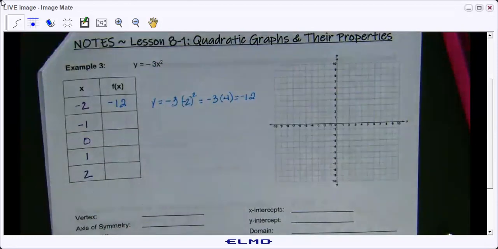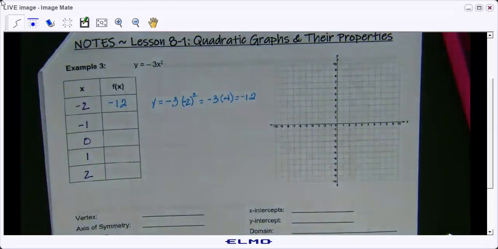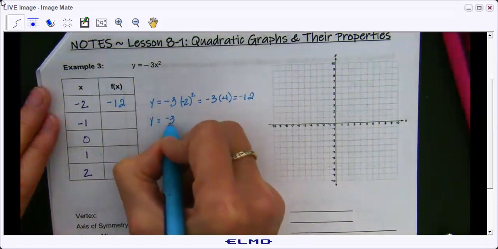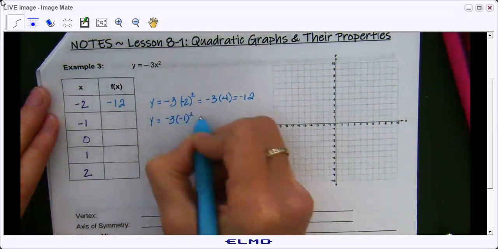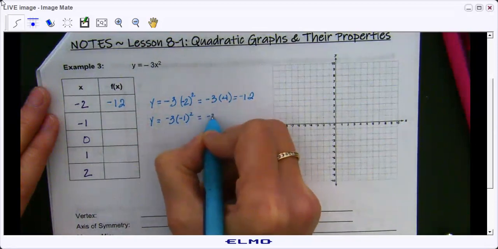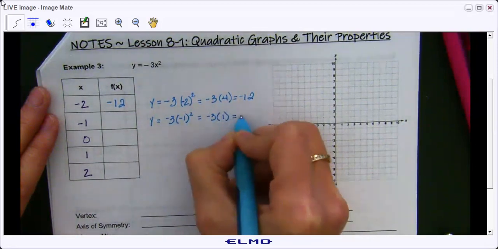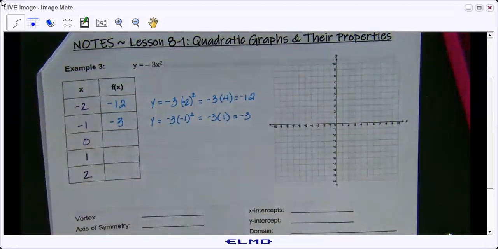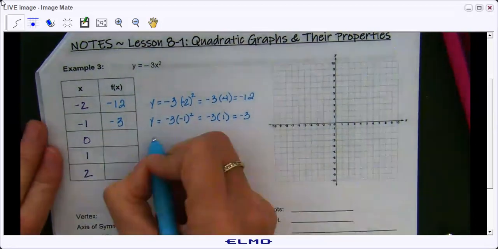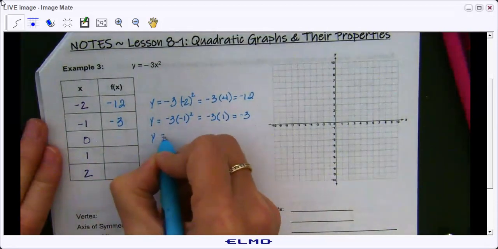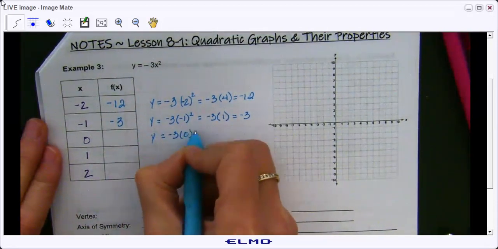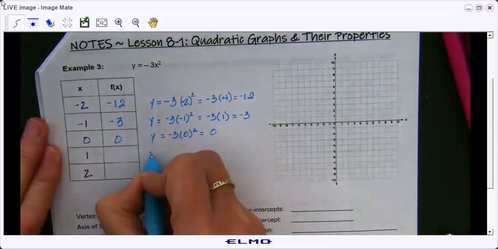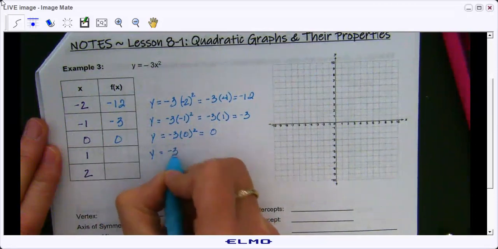That's what you're going to do with each one of those. Y equals -3 times -1 squared, which equals -3 times 1, which is -3. So do that for all of these. And you should see a pattern.